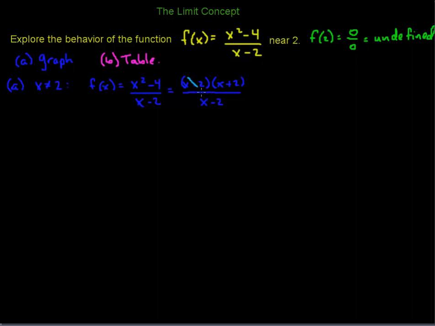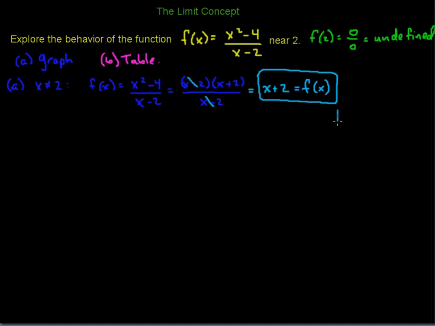Since x is not equal to 2, we can divide out the x minus 2's. And so this is our simplified version of the function. So when x is not equal to 2, anywhere else but 2, the function looks like this line. And that's going to be our graph.